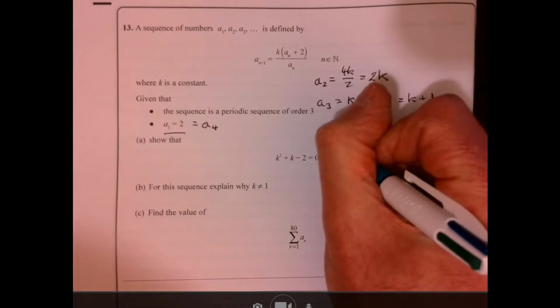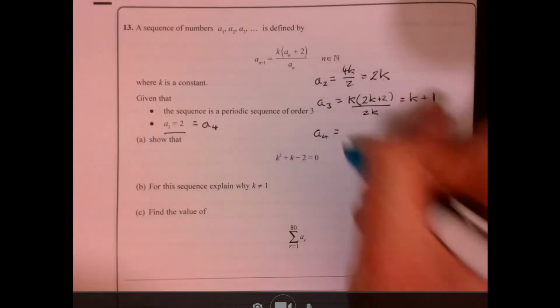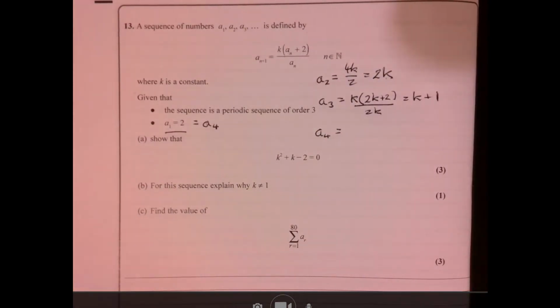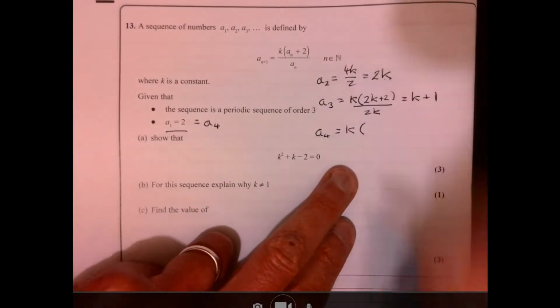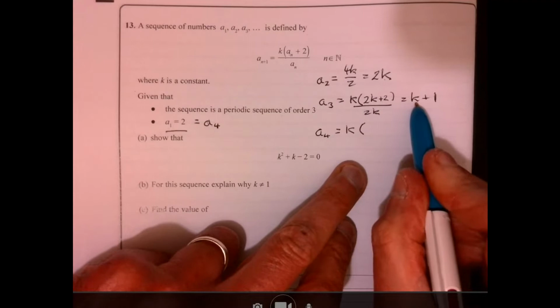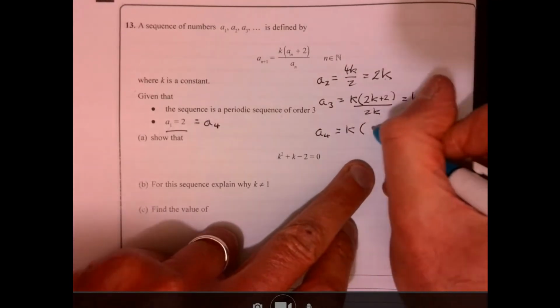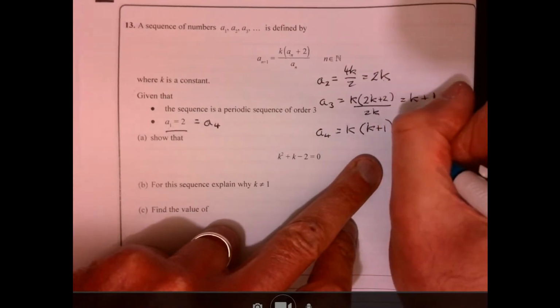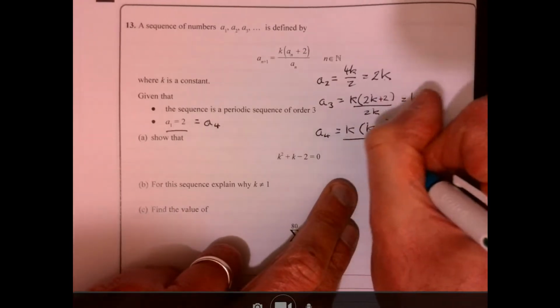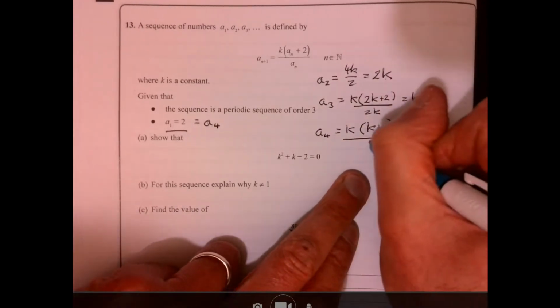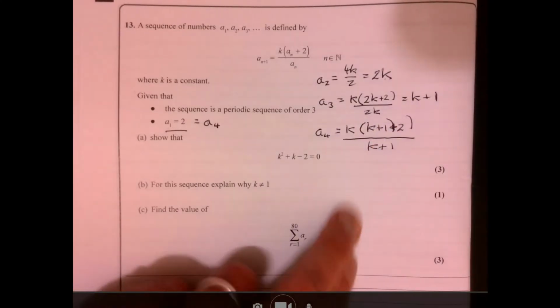Now, if I write A4 in the same kind of way, let's see what happens. So k times, A3 was k plus 1, so I've got k plus 1, whoops, forgot to add the 2, and all of that is over k add 1.